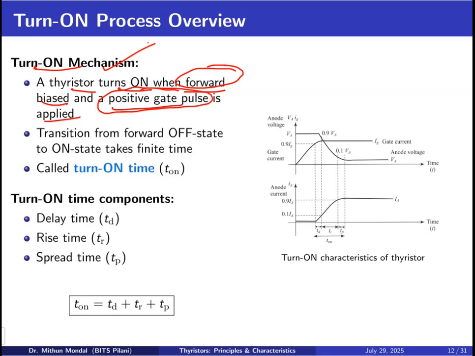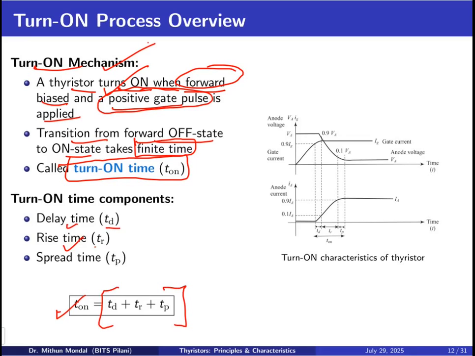Then only the thyristor is going to be turned on. Thyristor transition from forward off state to on state takes a certain finite time, and that is known as the turn-on time. This turn-on time is basically the summation of three important times, which are known as the delay time TD, rise time TR and the spread time TP.